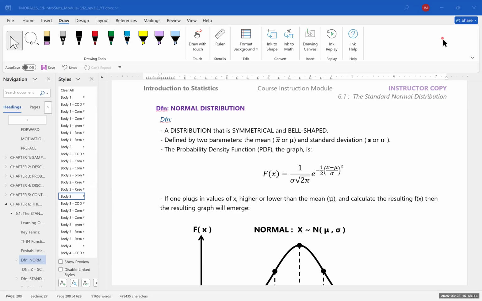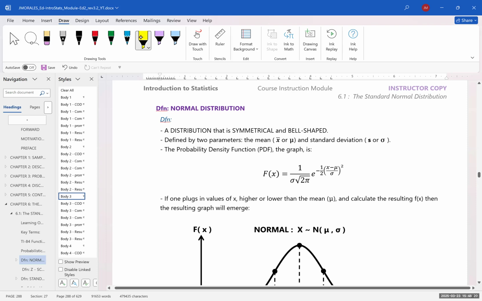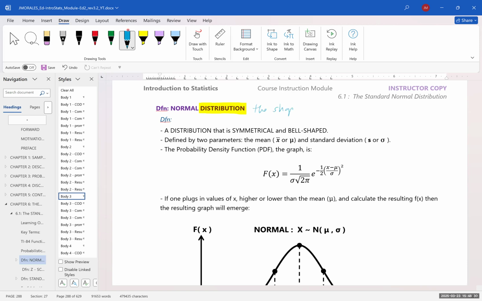All right. What is the definition of what's called a normal distribution? So we already know that a distribution is generally the shape of the data.